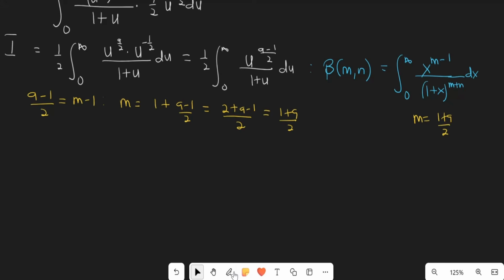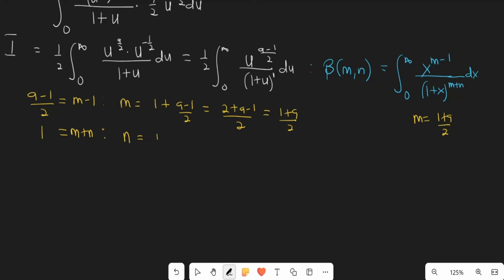Let's find n. Be mindful that this 1 plus u is 1 plus u raised to the power 1. So when we are doing the comparison, we are going to equate m plus n to be equal to 1 because the exponents must be the same. So here we have 1 equal to m plus n. We have already found m, so we have to find n.